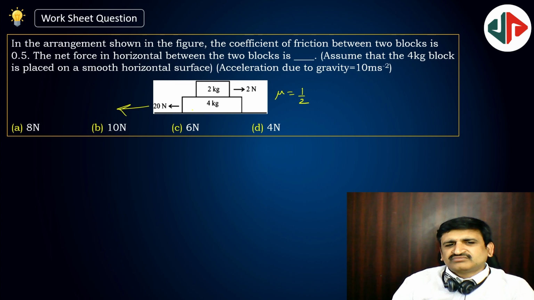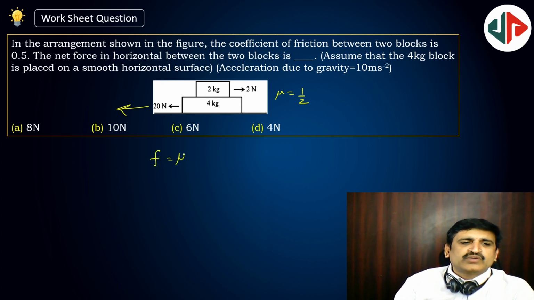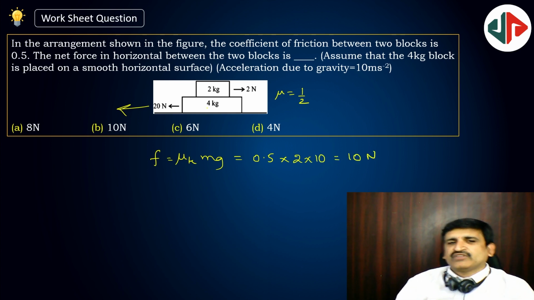So what is the force transferred to the upper block? F is equal to mu k mg, which is equal to 0.5 into m value 2 into g value 10. So it will be 10 newtons of force transferred to the upper block.